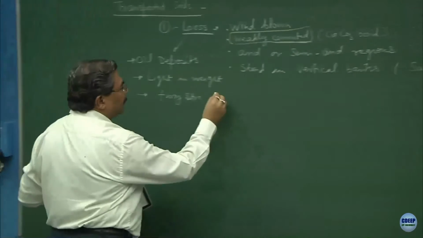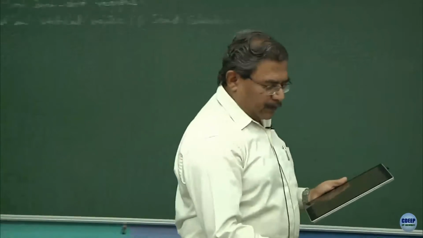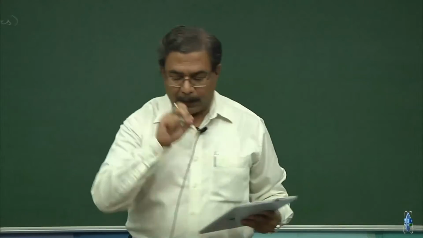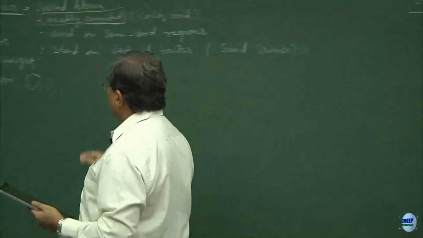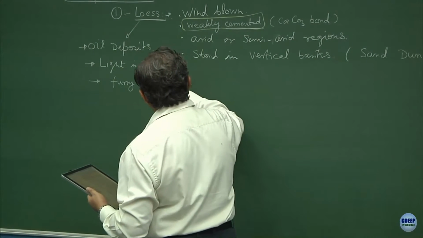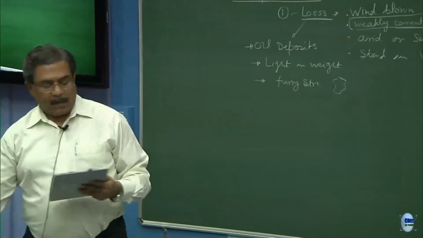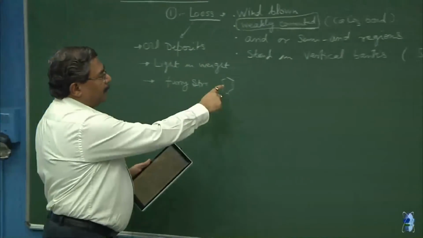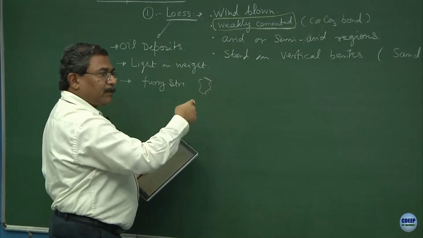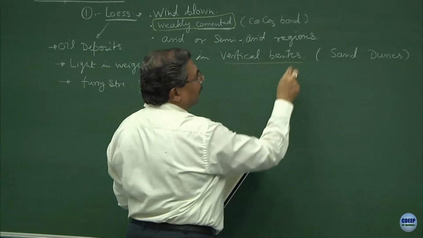So, the surface of the particle is not going to be as smooth and as spherical as river transported sands would be. Here you will find a lot of furs on the surface, and this helps them in getting airborne when wind comes, and they form a near vertical bank.